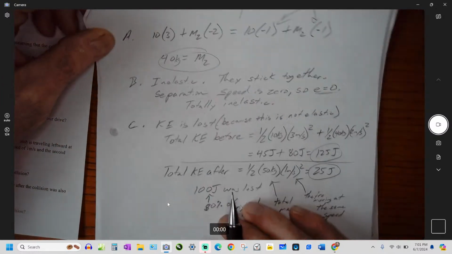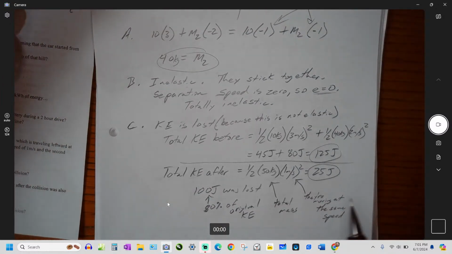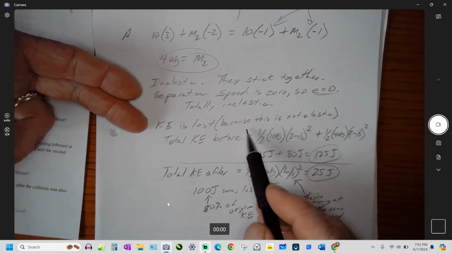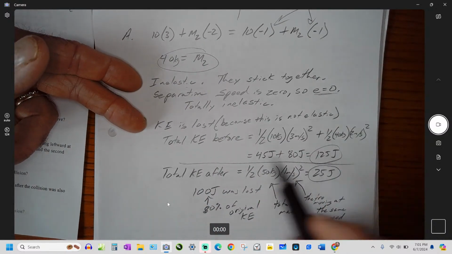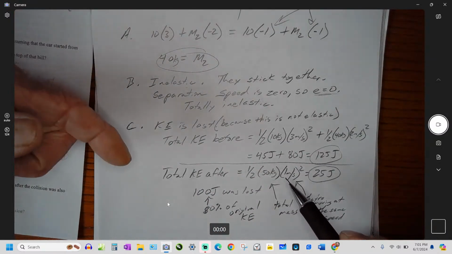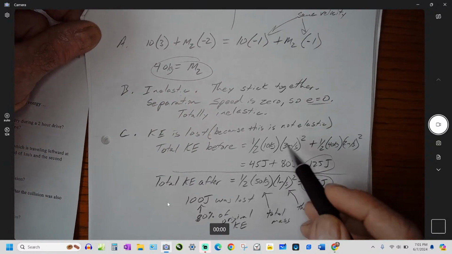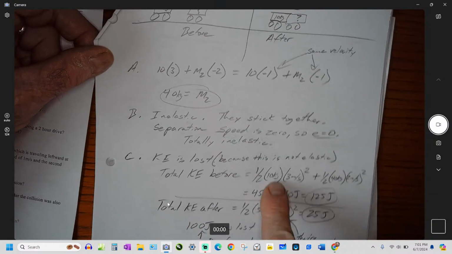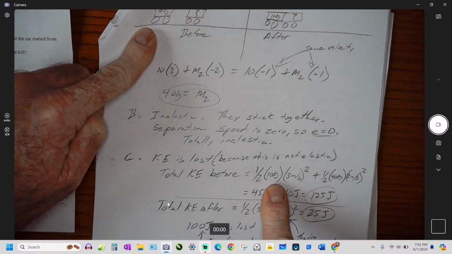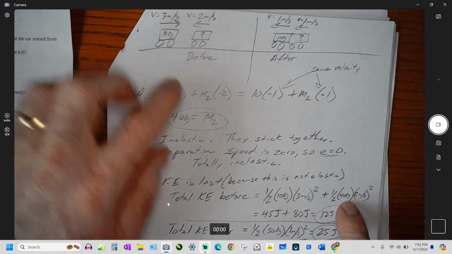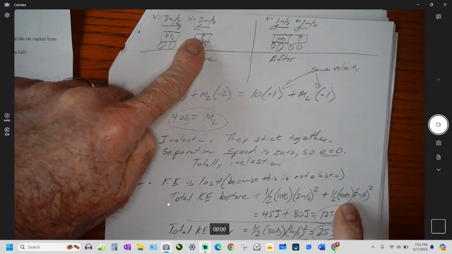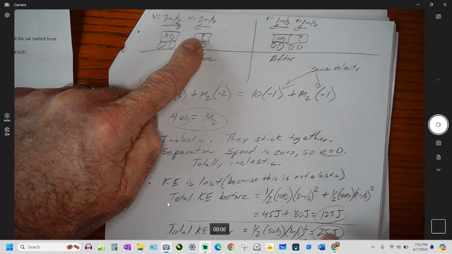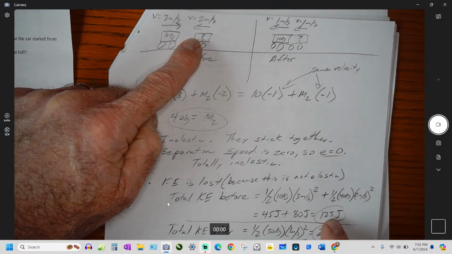And part C asks, what happens to the total kinetic energy? And we know some is lost because it's totally inelastic. But if you want to compare exactly how much it had before and after, you could use the kinetic energy formula. So I did that: 1/2 mv squared for this, plus 1/2 mv squared for that. And that comes out to 125 joules.